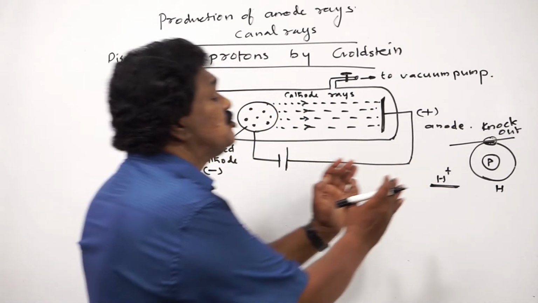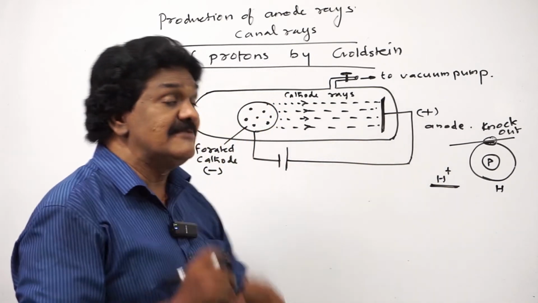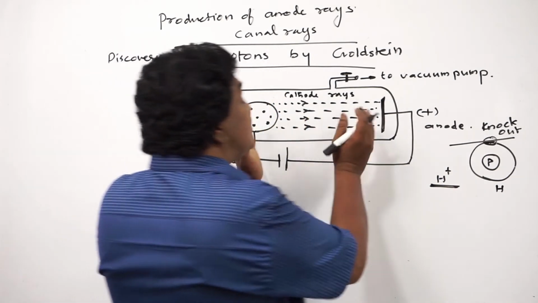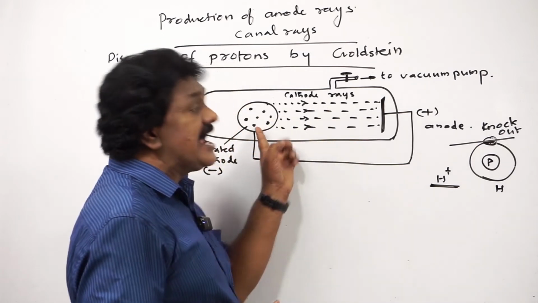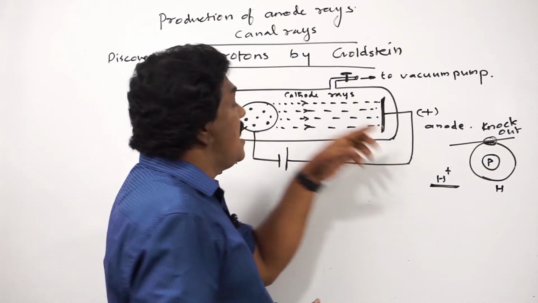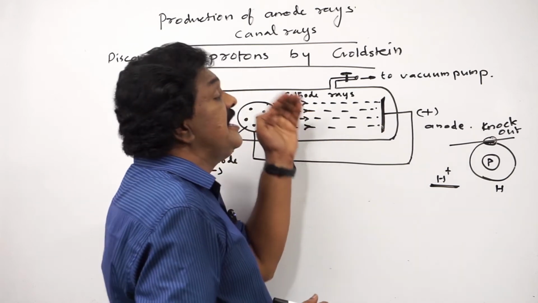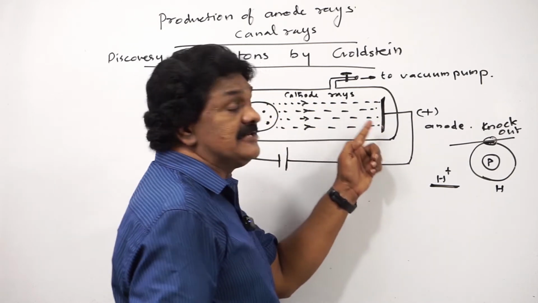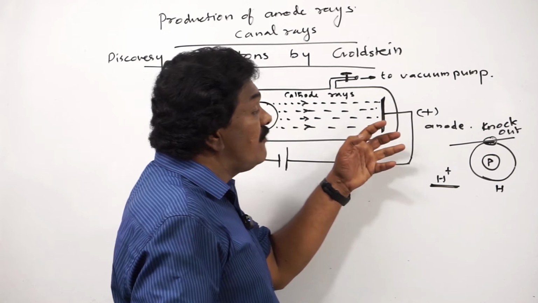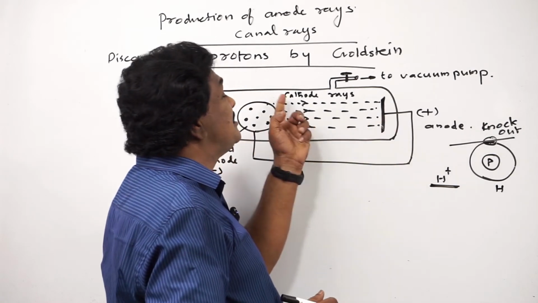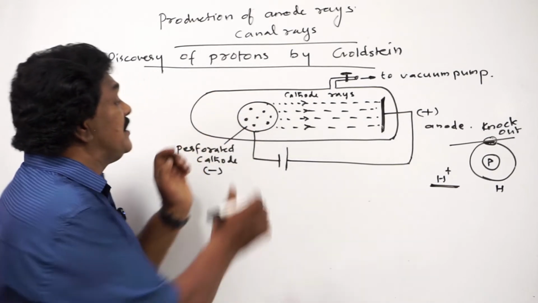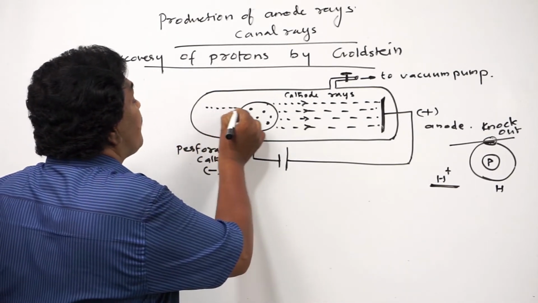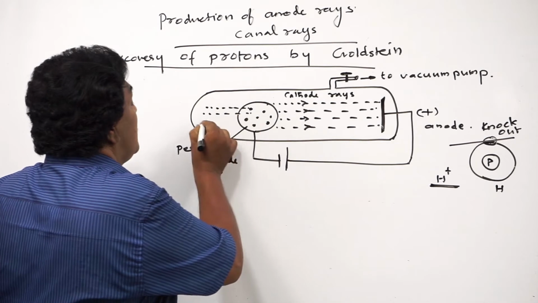So what happens to these positively charged ions? These ions are produced in the space between the perforated cathode and the anode. As they carry positive charge, they are repelled by the positively charged anode. So they move in a direction opposite to that of cathode rays, and they will come out of the perforations of the perforated cathode like this.